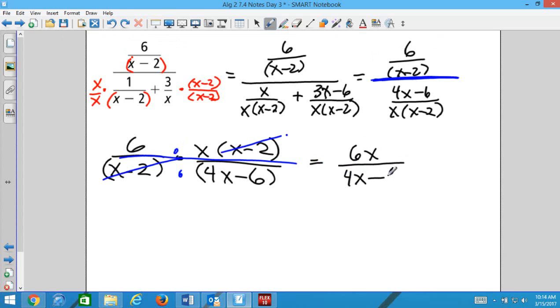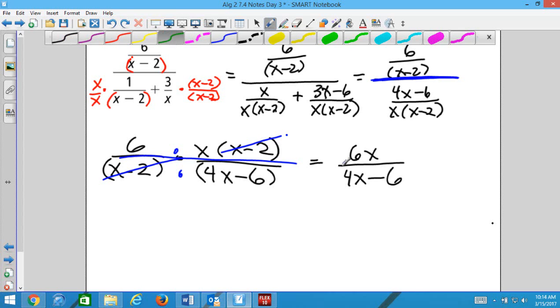Can't you take the GCF of that? Yeah, totally. So at this point, first of all, why can't I cancel out those 6s? One's multiplication, one's subtraction.